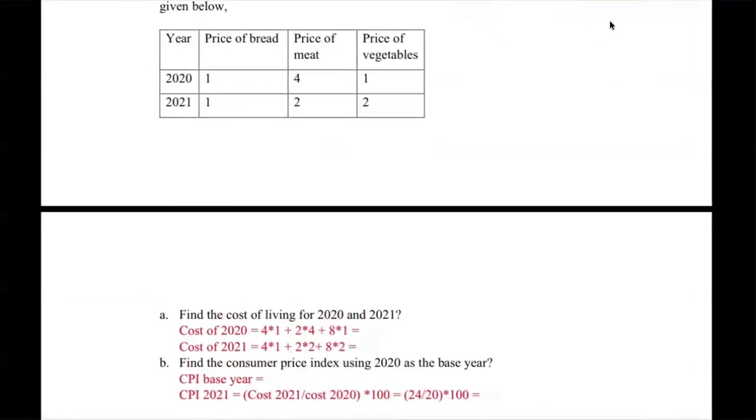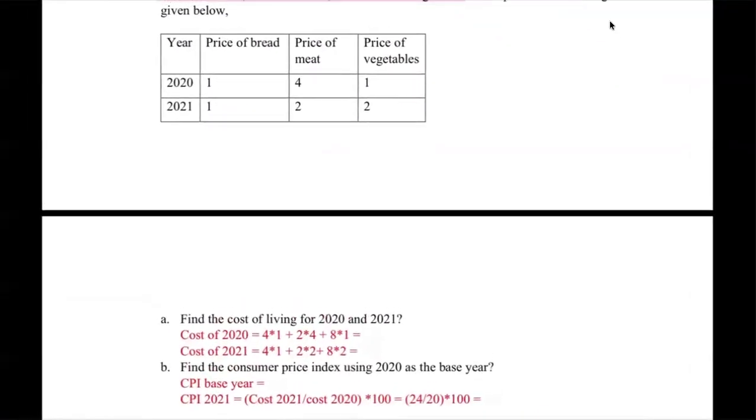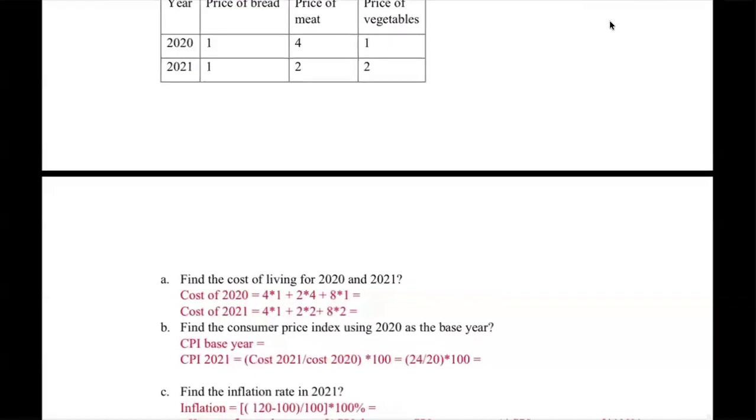Again, you need to calculate it by yourself, but I think it's easy, right? And to find the consumer price index, it's just the cost of 2021 divided by the cost of 2020, times 100. Remember, this is just the formula, right? And the CPI of the base year will always equal 100.